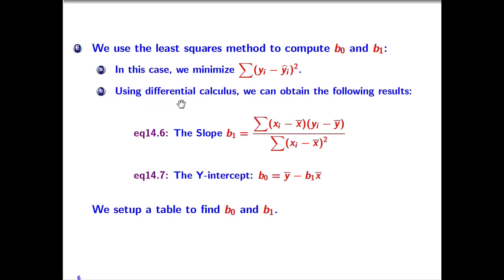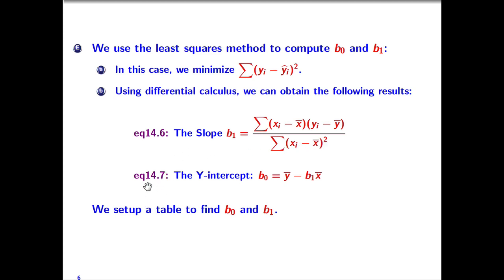Using differential calculus, we can obtain the following results for the calculation of b1 and b0. The equation 14.6, the slope b1 is equal to the sum of (xi minus x bar) times (yi minus y bar) for the numerator, and the denominator is the sum of (xi minus x bar) squared.